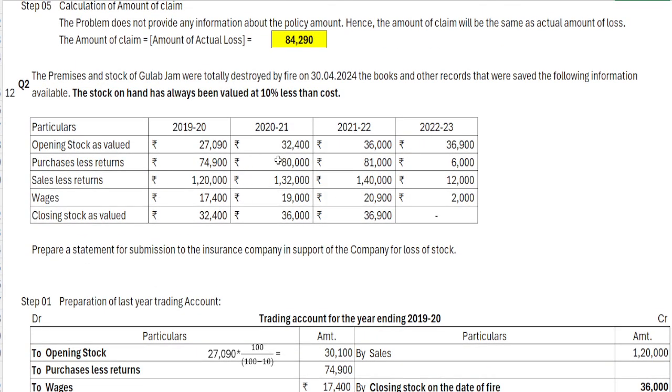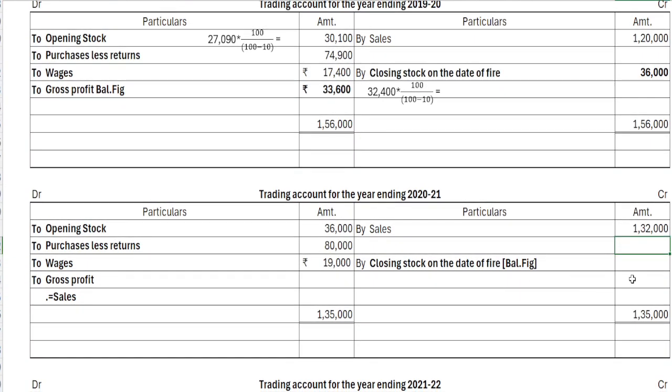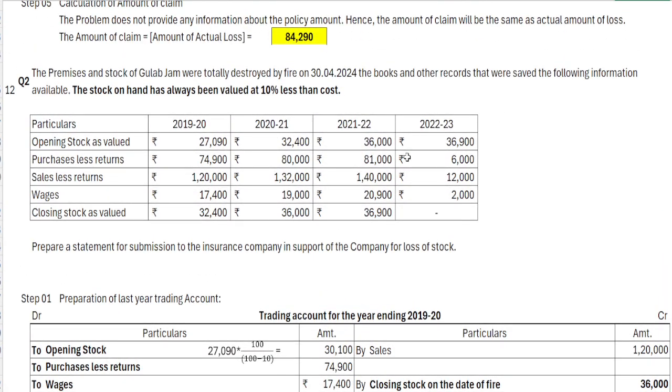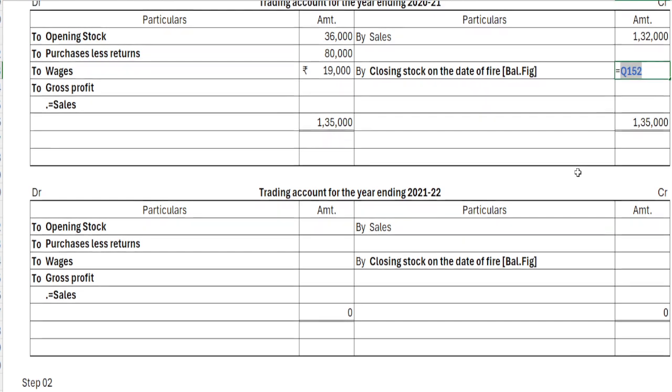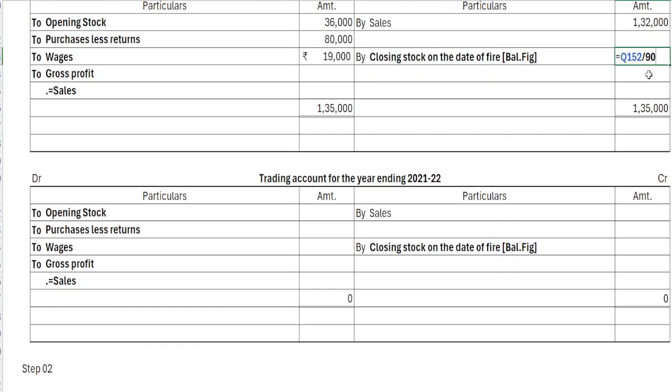Sales 1,32,000. And closing stock is always 10% less than the cost. Closing stock is 36,000, but divided by 90, because it is always 10% less. 36,000 is the 90% value, so for fair value, which is 100%, it is 40,000.